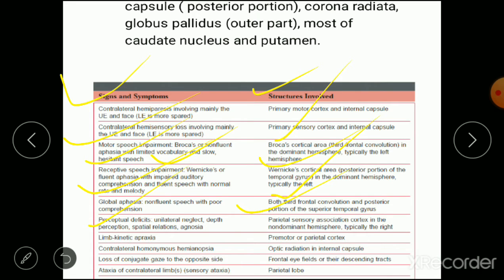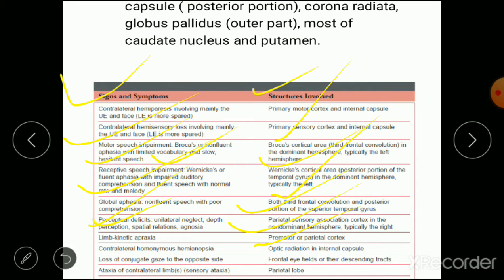The patient has difficulty comprehending the examiner. Then if the parietal sensory association cortex is damaged, the symptoms are perceptual deficits like unilateral neglect, depth perception problems, spatial relation disorders and agnosia. So this type of symptoms is present.